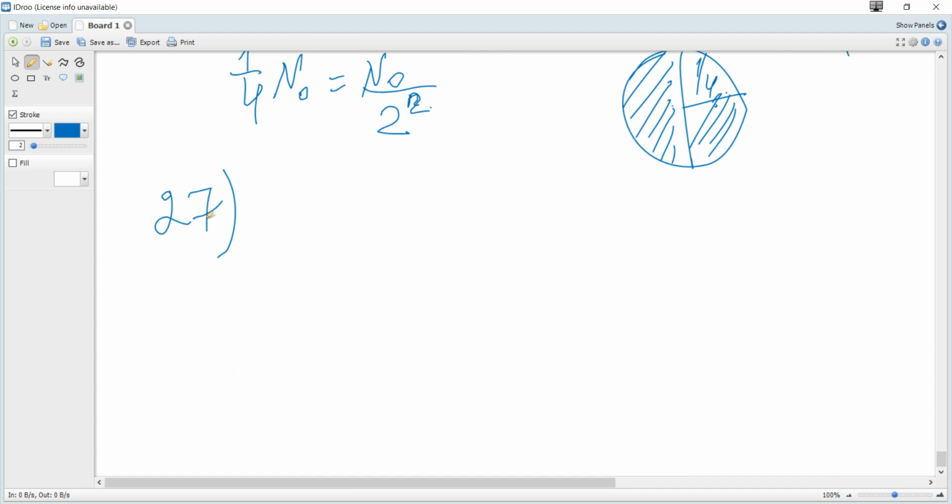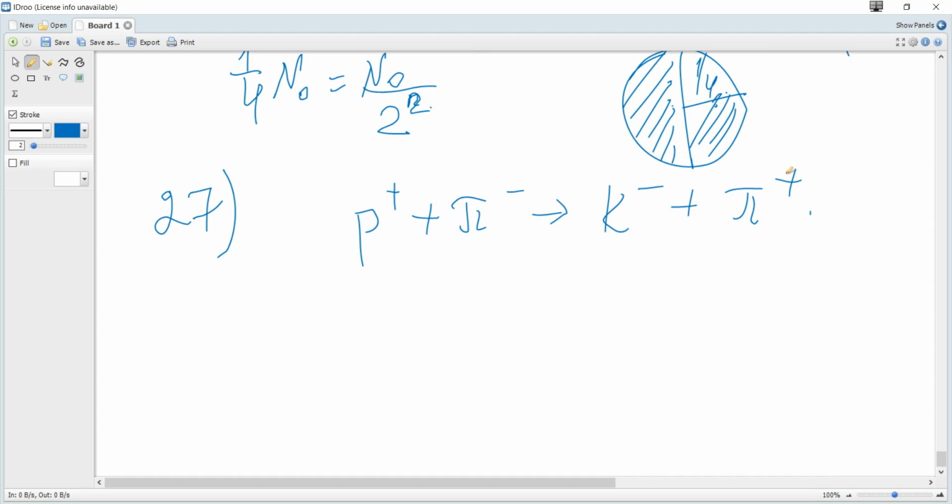27. This interaction between the proton and the pion violates 2 or more conservation laws. So proton plus pion.